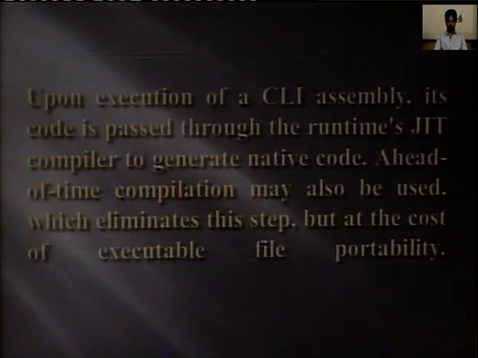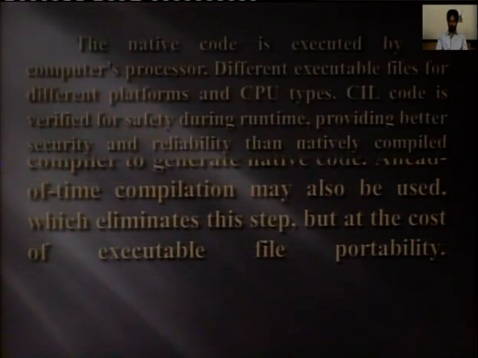Upon execution of the CLI assembly, its code is passed through the runtime's JIT compiler to generate native code. Ahead-of-time compilation may also be used, which eliminates this step, but at the cost of executable file portability.